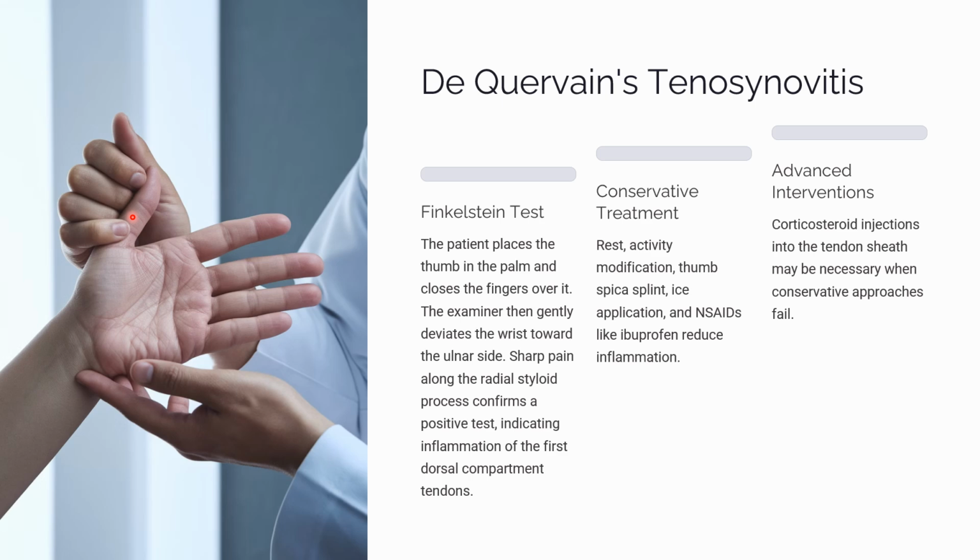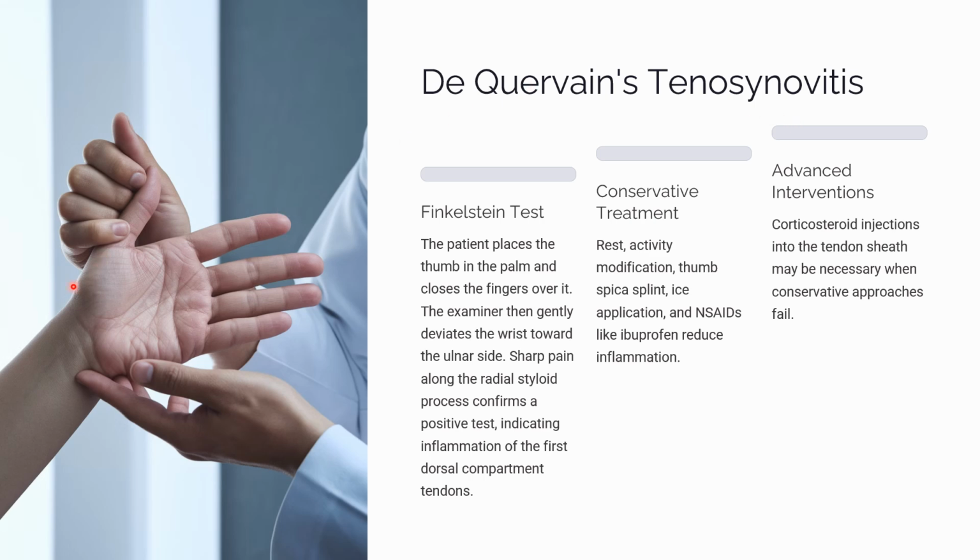They can be inflamed or irritated, mostly because of any condition requiring frequent usage of those tendons, maybe carrying a baby or a frequent motion of those tendons. It results in inflammation or irritation, resulting in De Quervain's tenosynovitis. This condition will lead to pain, swelling, and difficulty moving the thumb as well as the wrist.